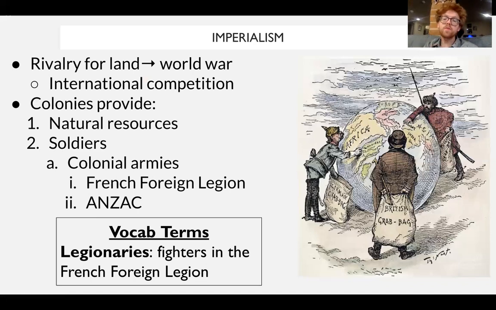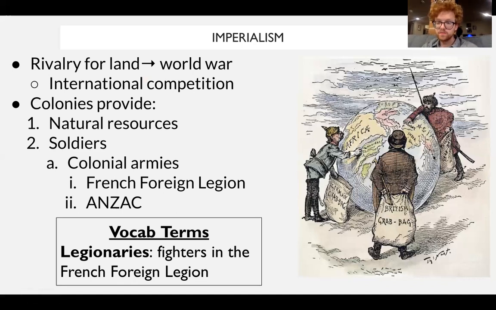We also have what the British call the ANZAC, the Australian New Zealand Army Corps. So the British are going to be supported by troops from their colonies in Australia, in New Zealand, in Canada, South Africa, Rhodesia. These places will send their troops to fight not only in Europe, but in Africa and Asia as well.